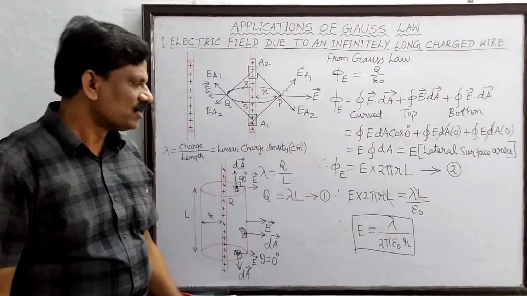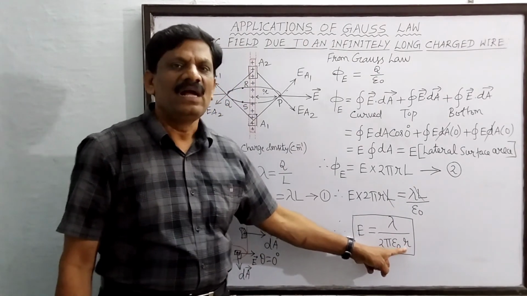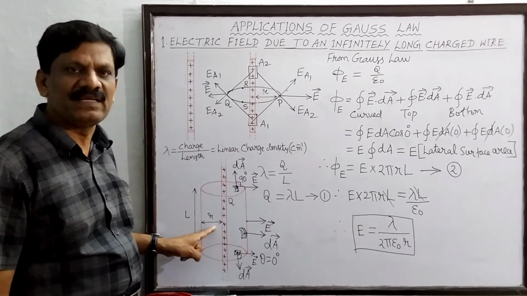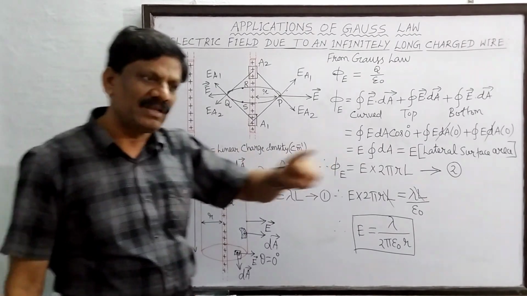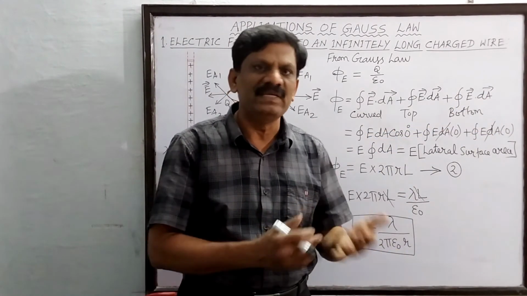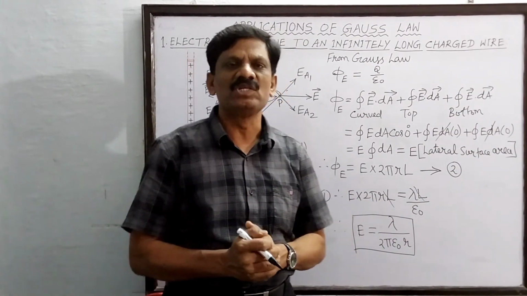Okay, students. So you will see that E is inversely proportional to r. As the distance r increases, so you are going away from the wire, means at far distance the field decreases. As r increases means E decreases. So E is inversely proportional to r.